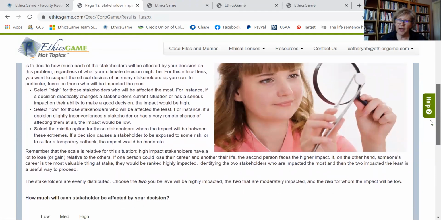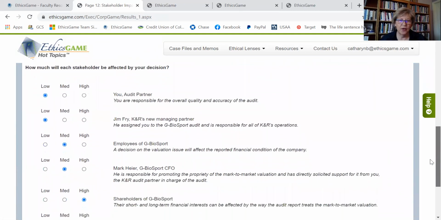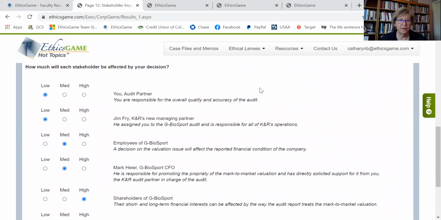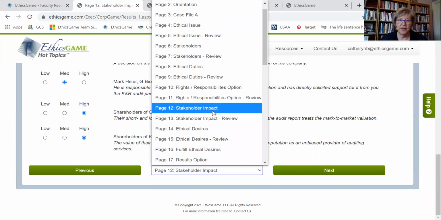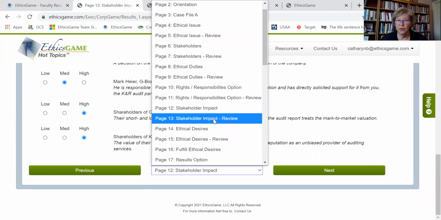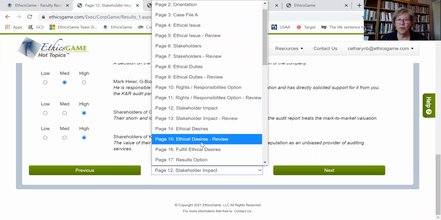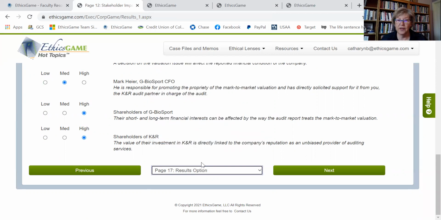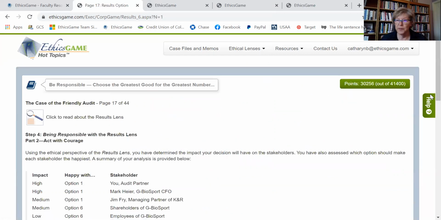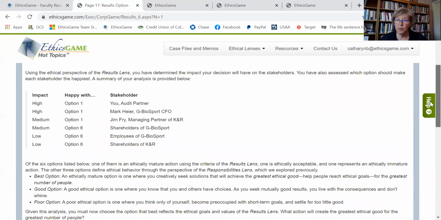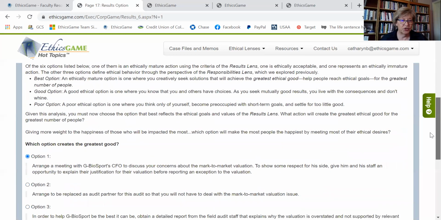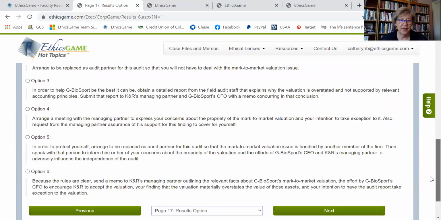Now, this one is really kind of interesting because each stakeholder is affected differently. So again, as you get the task, you'll get some information about how to answer the question, and you'll be able to then move forward. And again, you have the same piece. We have the impact, we have a review, we have our ethical desires, we have our reviews, and then we go into the next time where we're going to be choosing an option, which is now, given that these people will be affected in this way, what option is the best for this lens?